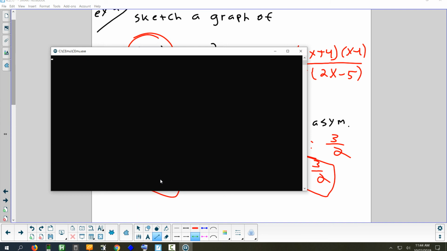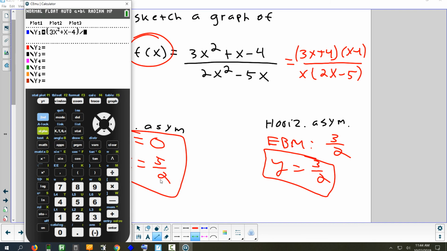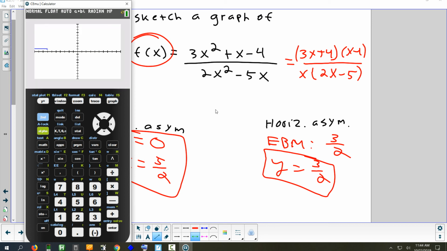Close it. Let me open it. Hopefully it just works better now. Because I need to use it from here in a minute. Divided by 2x squared minus 5x. You hit graph. Actually, I don't want to hit graph. I want to go to the table.